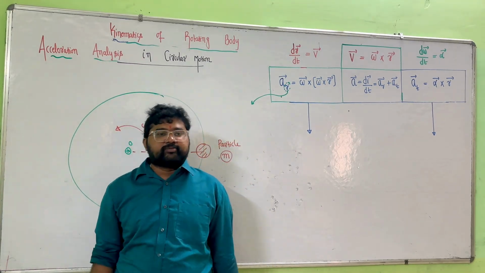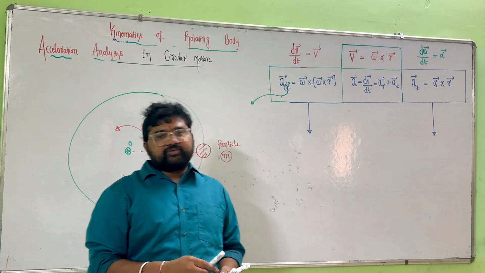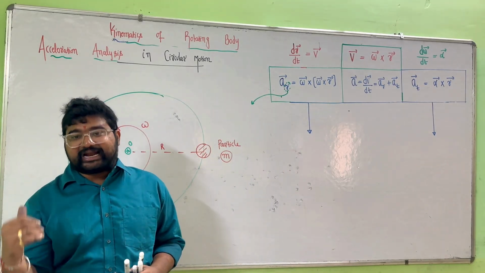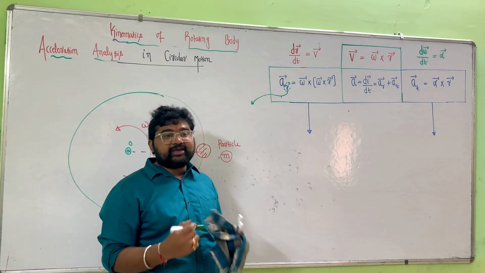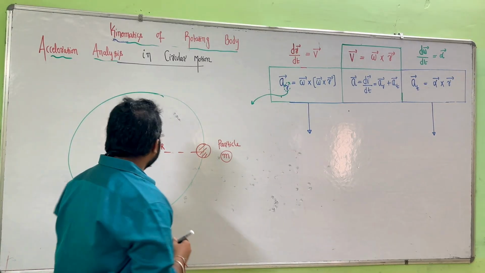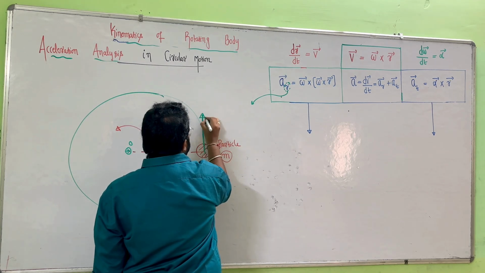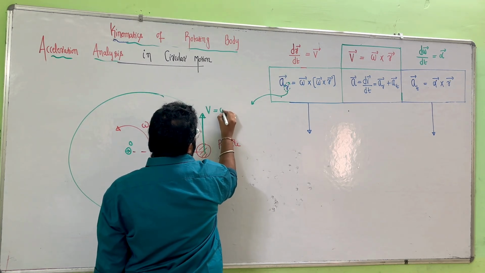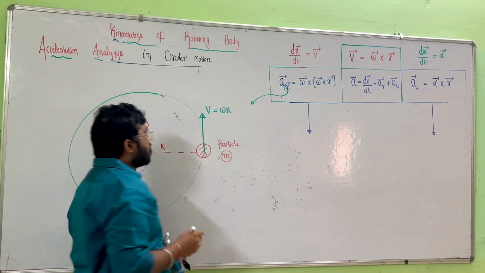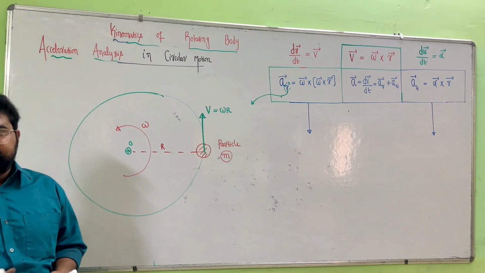In the circular motion, we need to treat the body as a particle. Velocity at any point on the particle is the same. Clear? So here, what is the direction of velocity? Omega r. Direction of velocity in the same sense of omega.